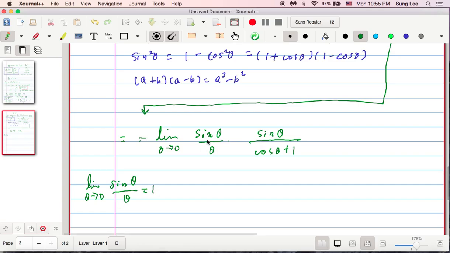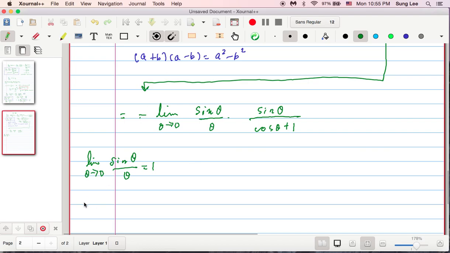And the limit of sine theta over cosine theta plus 1: when theta goes to 0, sine theta goes to 0 and the bottom part, cosine theta plus 1, goes to 2.